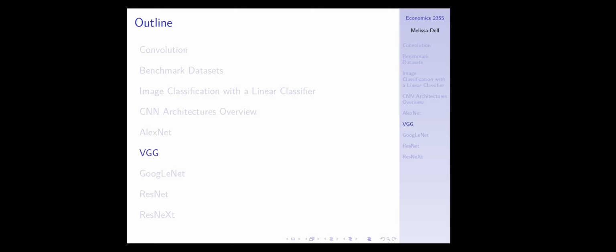It's the same architecture, so we won't really talk about that. But then in 2014, there were 2 models, and they were very close to each other in terms of their performance, and they both incorporate important ideas. And so we'll talk about those 2, which are called VGG and GoogleNet.